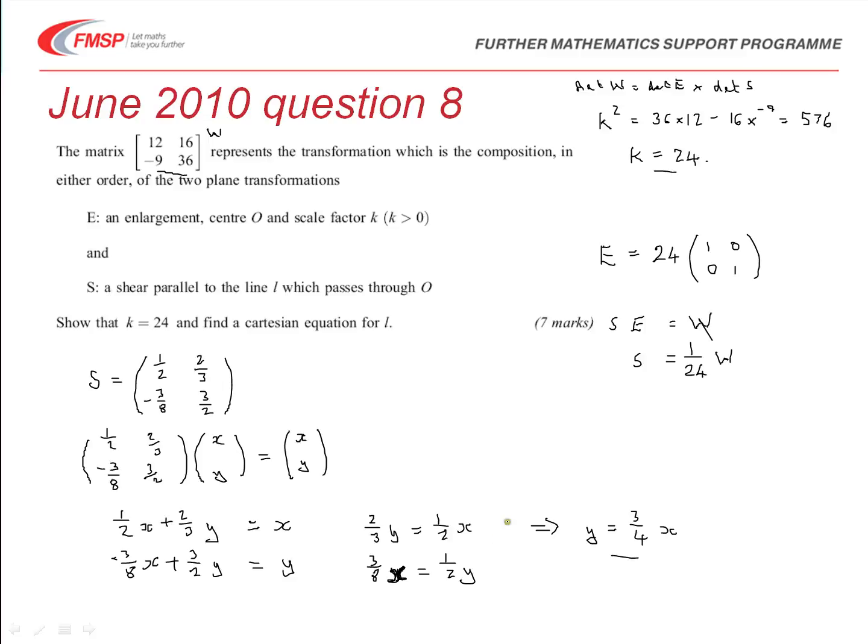Okay, so where do we get our marks then for our 7 marks? Well, a statement of attempting to find this determinant, I'll give you 1 mark and an accuracy mark for actually obtaining the value of k. Then realising the fact that the shear is 1/24 of W will get you 1 mark.